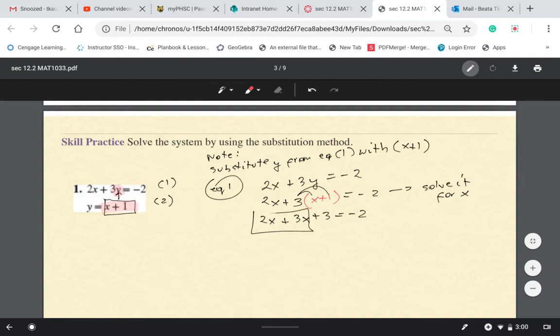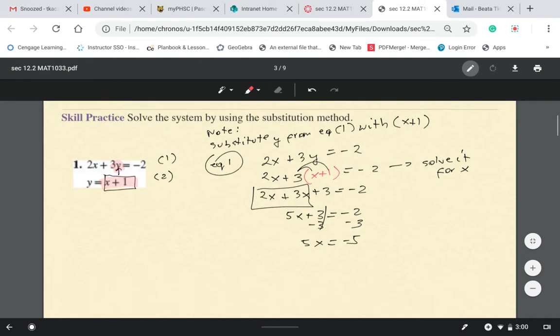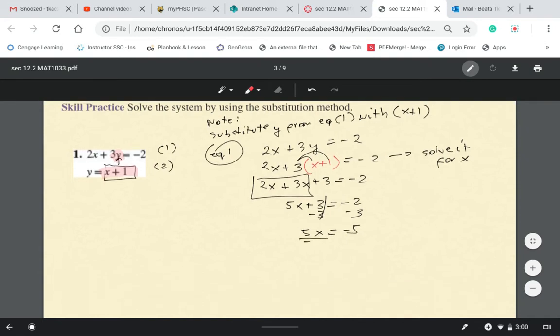Combine like terms. That will give you 5x plus 3 equal negative 2. Subtract 3 from both sides, and we're having 5x equal negative 5. We're going to divide both sides by 5, and we end up with x equal negative 1.